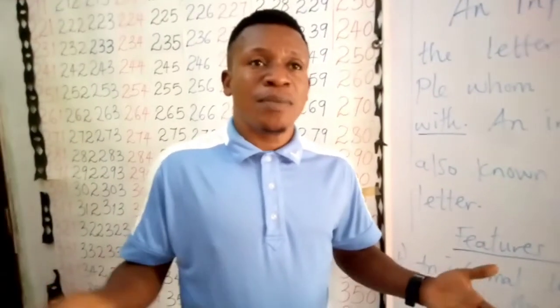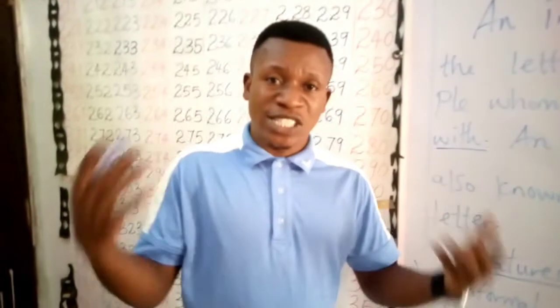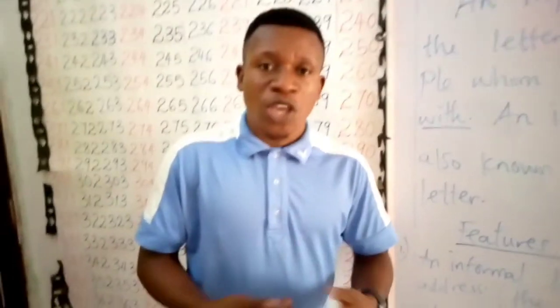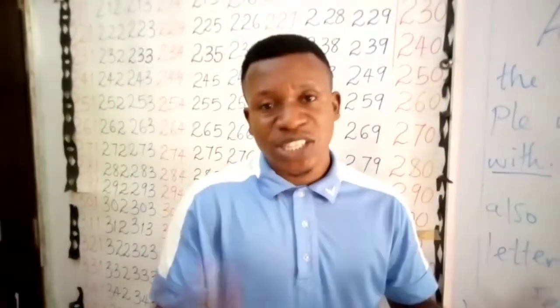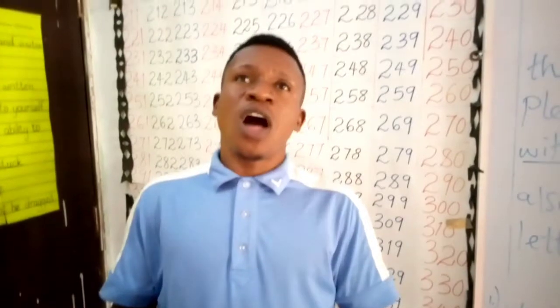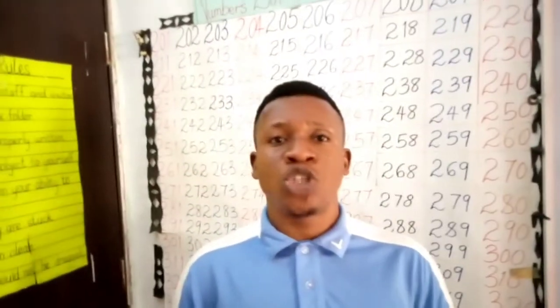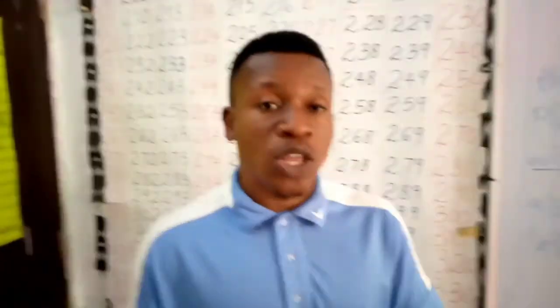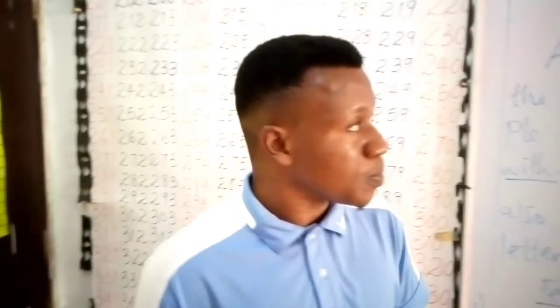If your friend's name is Fred, you say, Dear Fred. If you're writing a letter to your mommy, you say, Dear Mommy. To your daddy, Dear Daddy. Maybe your uncle and your uncle's name is Joe, Dear Uncle Joe. That will be your salutation when you're writing your letter.